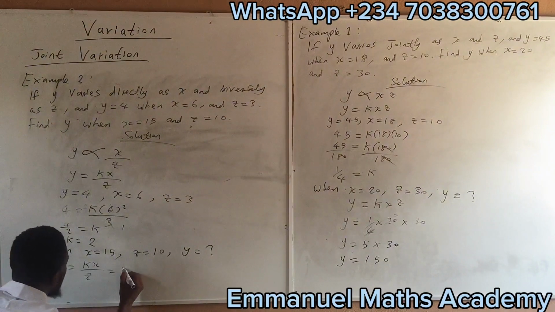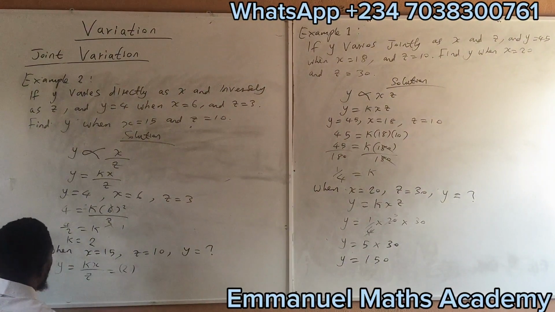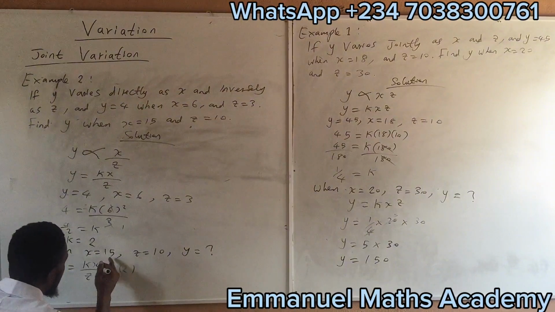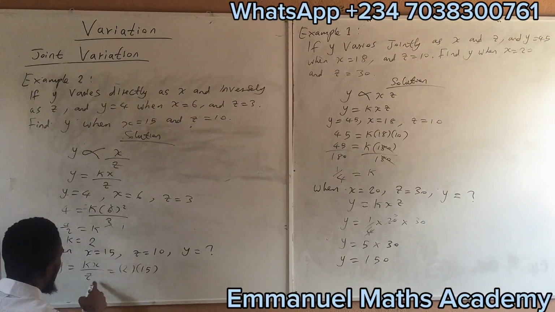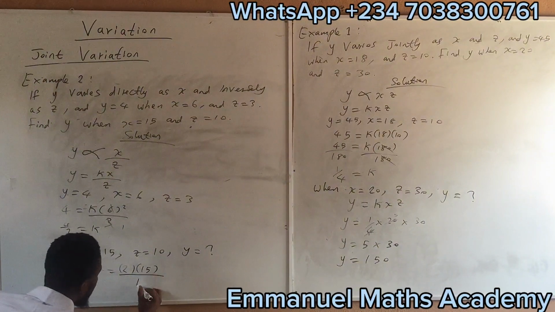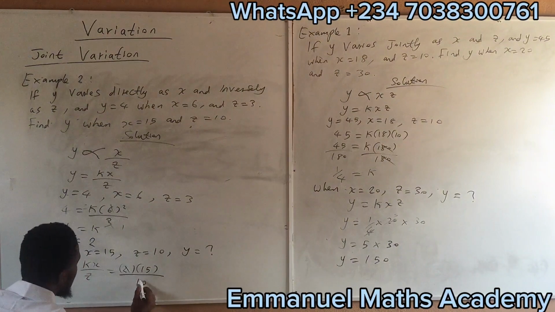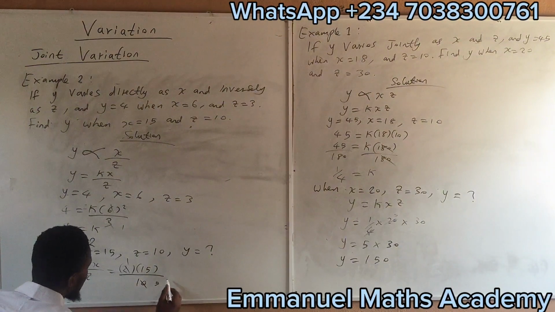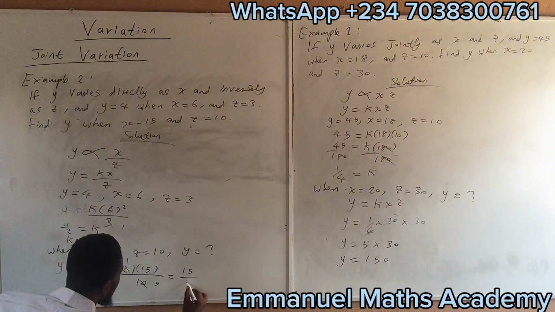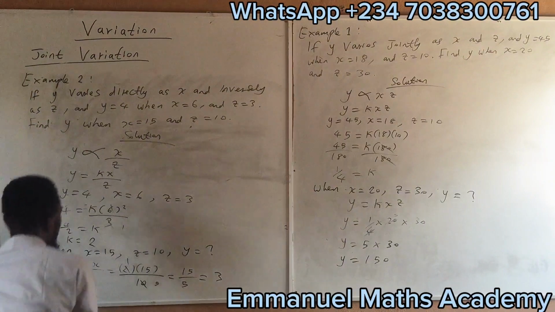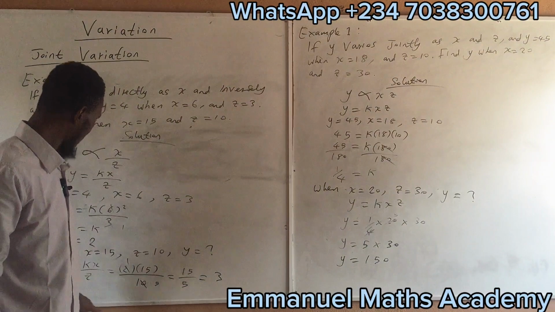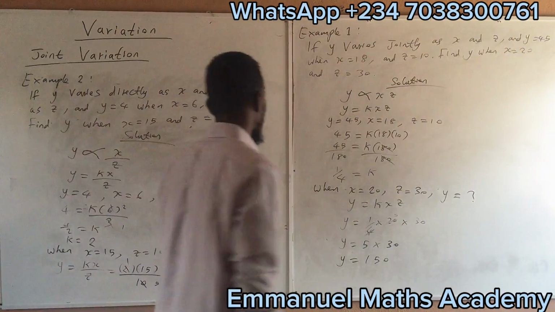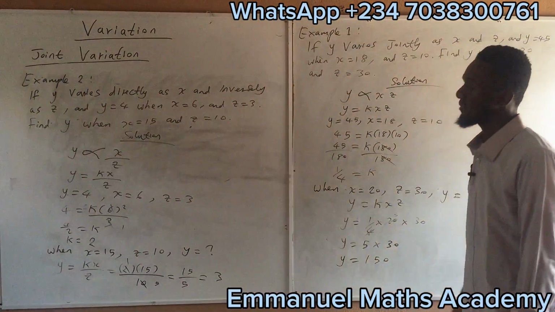Our K is 2, right? Our X is 15, and our Z is 10. If we divide these, we have 1 here and 5 here. Now have 2 times 15 over 10, which is equal to 15 over 5. 15 divided by 5 will give you 3. That means when X equal to 15 and Z equal to 10, our Y is equal to 3. As simple as that.